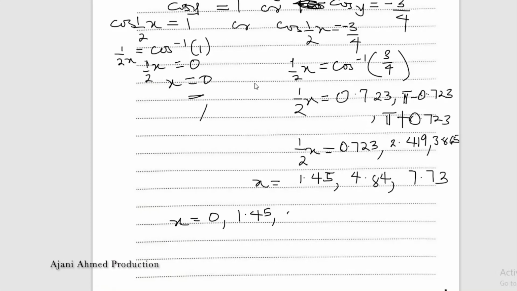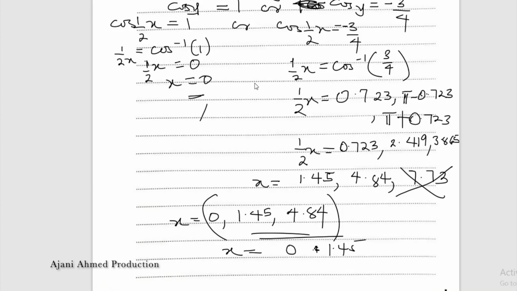Let's say 2 pi is 6 point something, so 4.84 is also accepted, but 7.73 is not included, rejected. So the value of x, most likely I choose x to be 0, between 0 and 1.45.